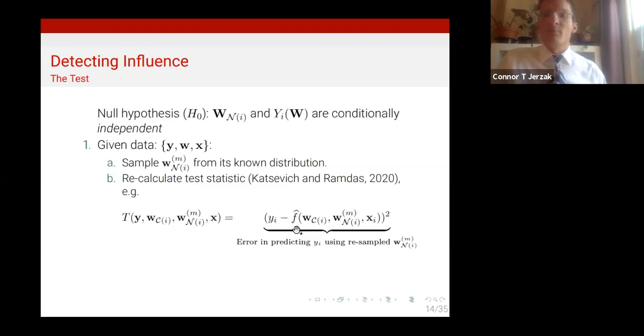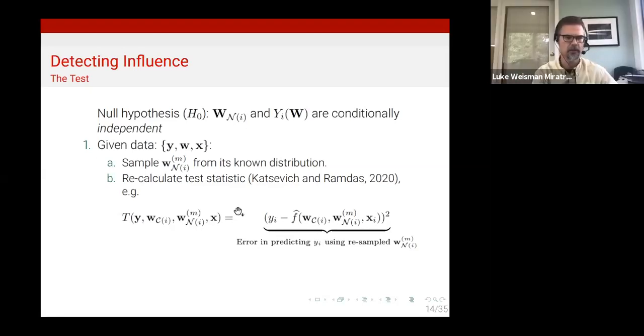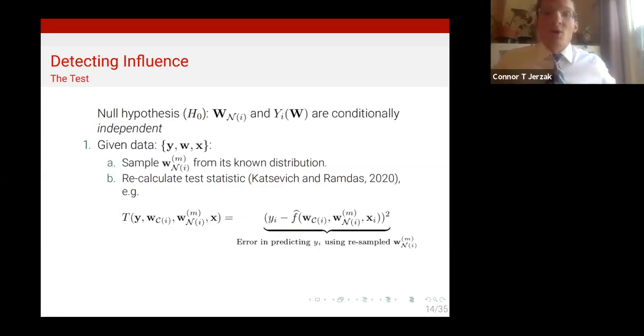So the function that we're going to learn here can incorporate direct effects, and we'll get information about those direct effects by using the outcome and the treatment data from the control set of units. Under the null, you don't have to worry about those direct effects being influenced because you just assume there is no influence. So under the null, we can still have direct effects, but what we'll be testing here is those influence effects.